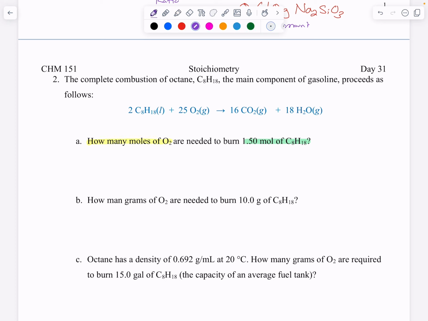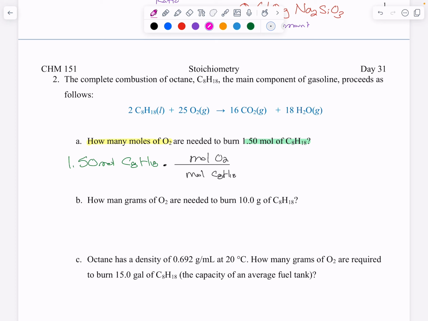All right, so we're going to start with 1.50 moles of C8H18. Well, what has to go on the bottom? Moles of C8H18. C8H18 on top. We're looking for O2. Moles of O2.